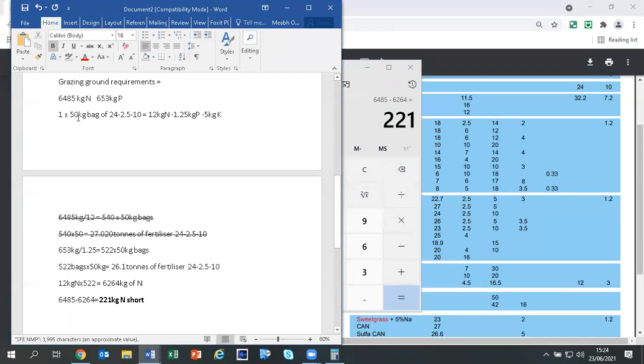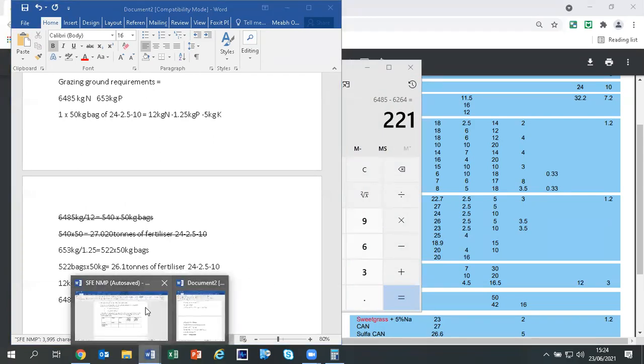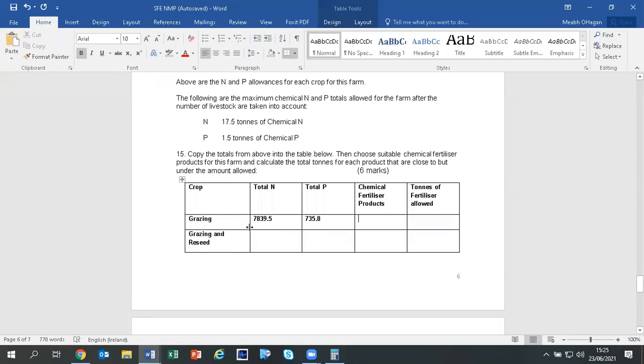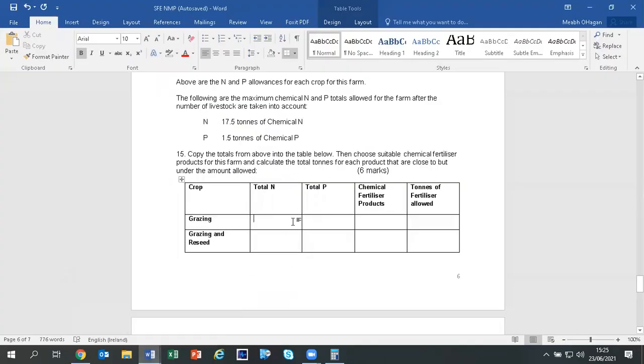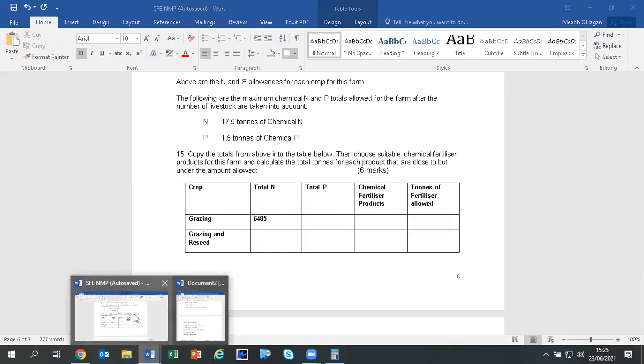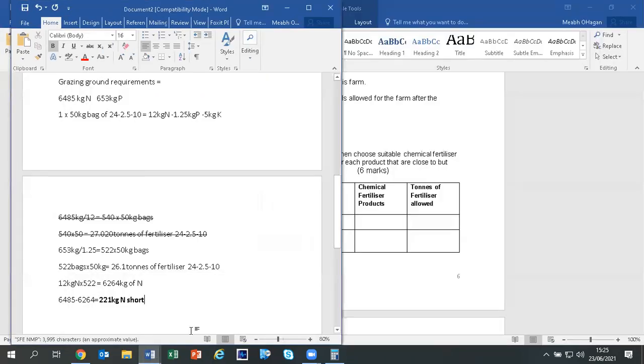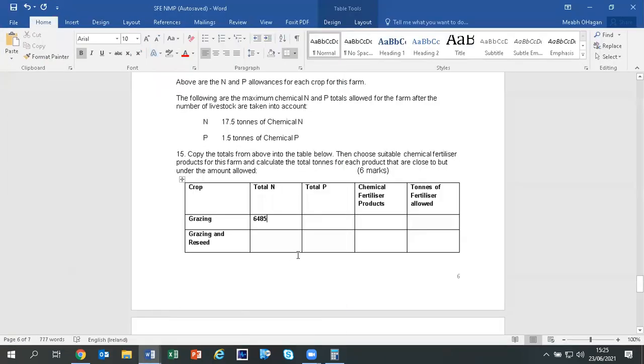So in that scenario, what I would do is I would come into my document. We'll just say, for example, that these are the example figures that we are using, which is our 6485 and our 653.